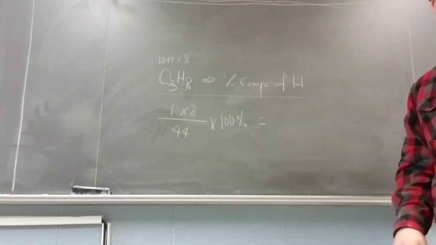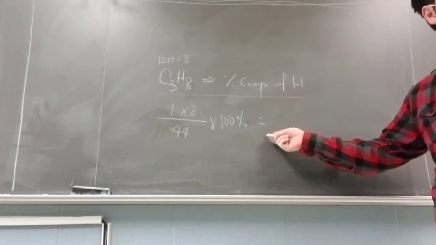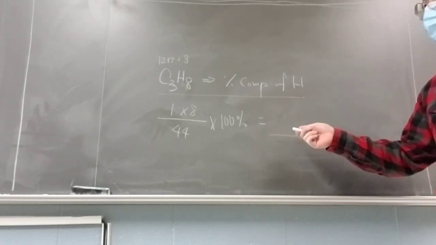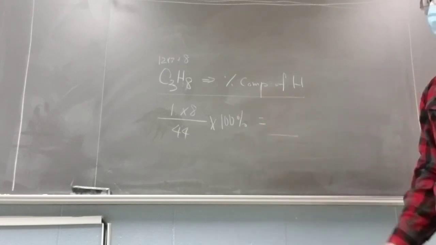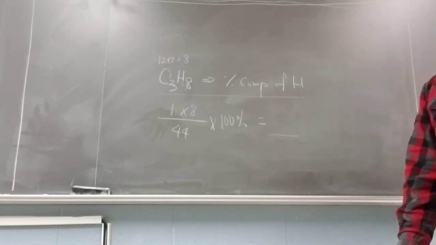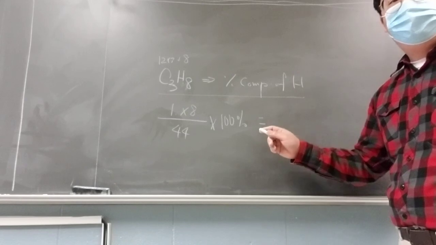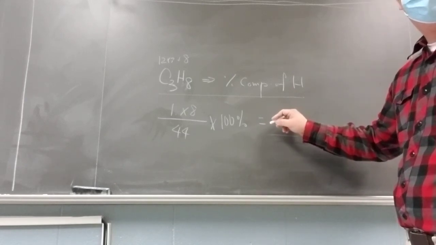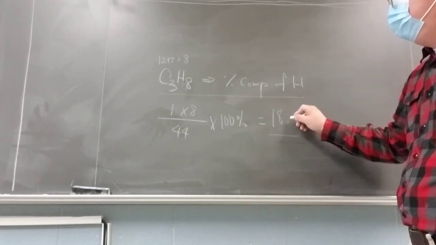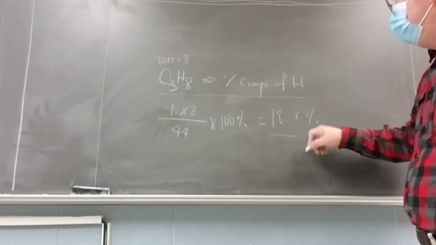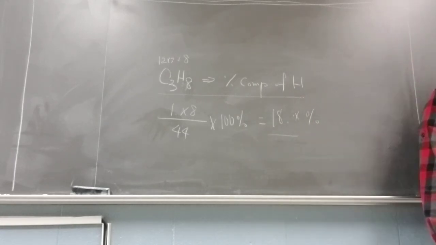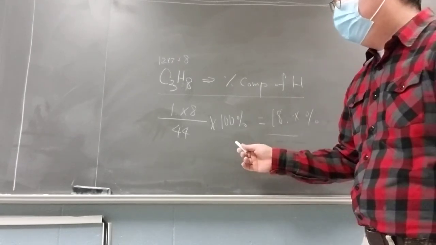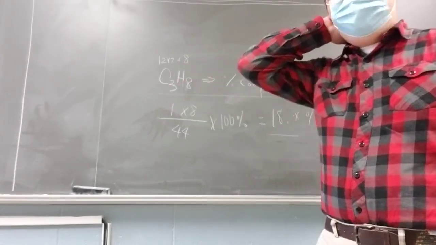What number will there be? Could you guys do this for me? 8 over 44 times 100. So, 18, right? It should be less than 20. Yeah, so the answer is 18. That makes sense, right? Okay, all right.